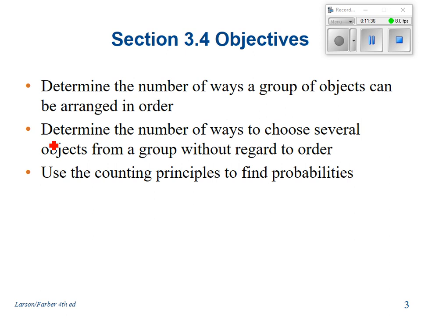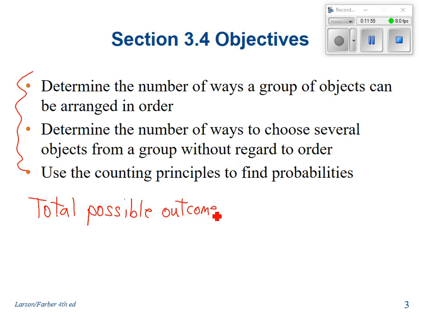Most of these things we're gonna talk about with the counting principles are gonna give you your total possible outcomes. It's not gonna tell you a probability. It's gonna tell you how many total possible outcomes there are for any certain event. When we wanna find the probability, then we're gonna have to find the favorable outcomes and put that on top.